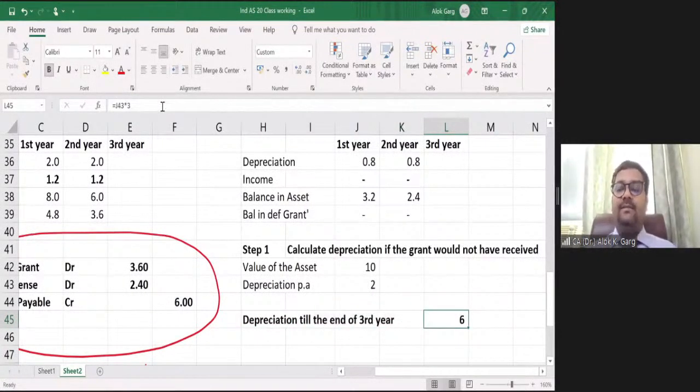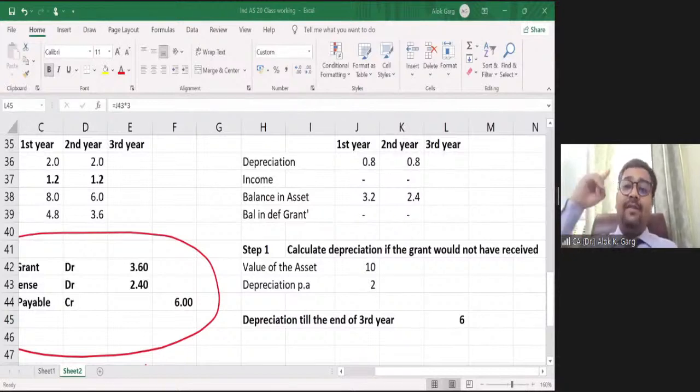So first you need to calculate depreciation, which has been calculated if the grant has never been received. Understood? Clear? Friends, are you clear on this?